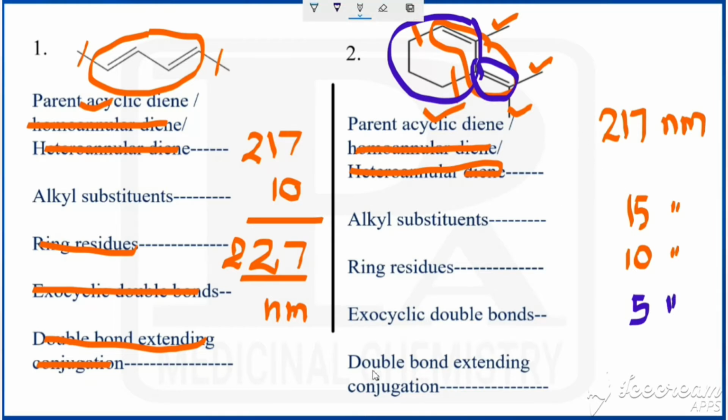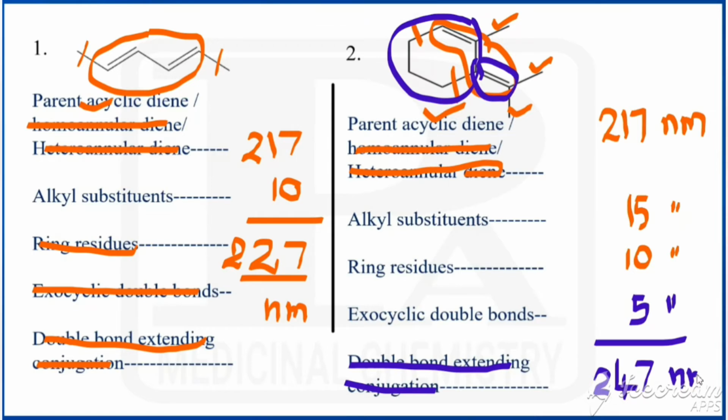And last one, double bond extending conjugation. It already has only 2 double bonds, so there is no double bond extending conjugation. Now we have to add all of this: 5, 5, 10, 7... so what is the lambda max for this structure? That is 247 nanometer.